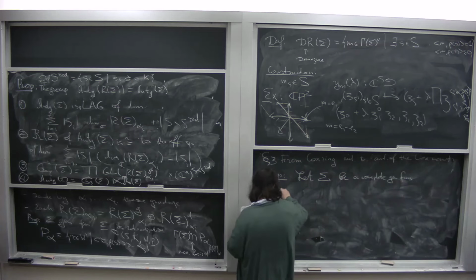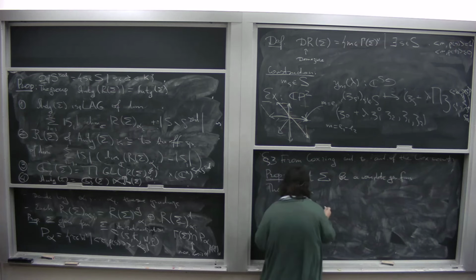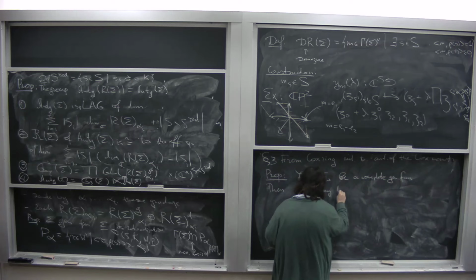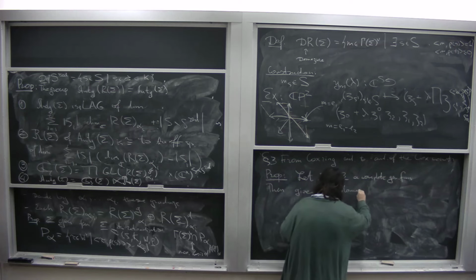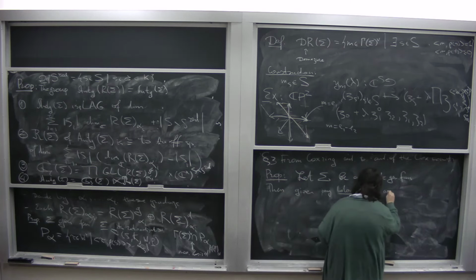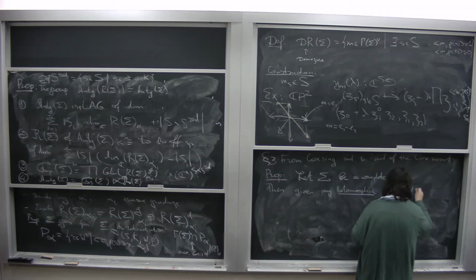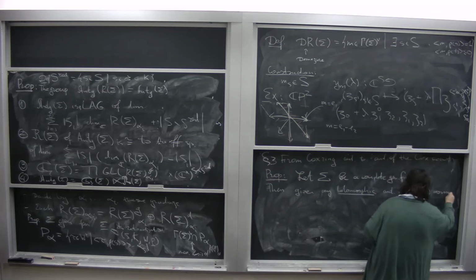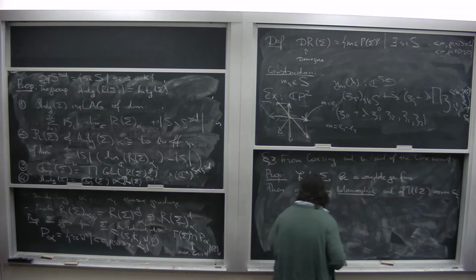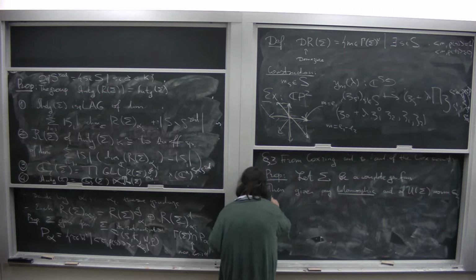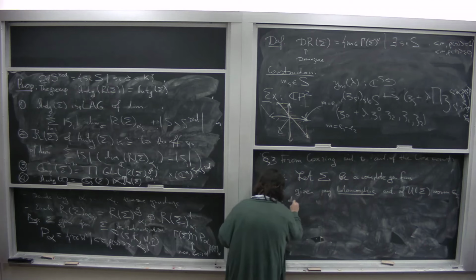Then any holomorphic automorphism of U sigma normalizing G sigma is algebraic.